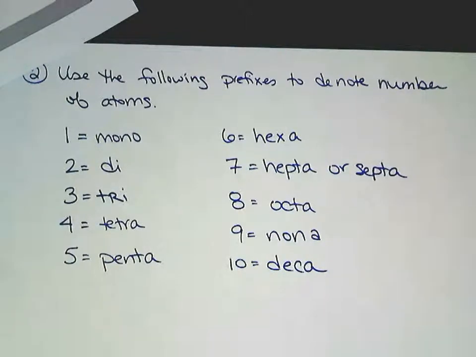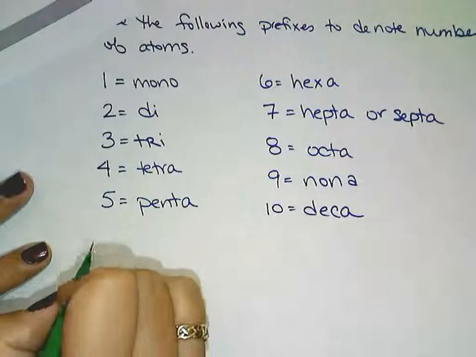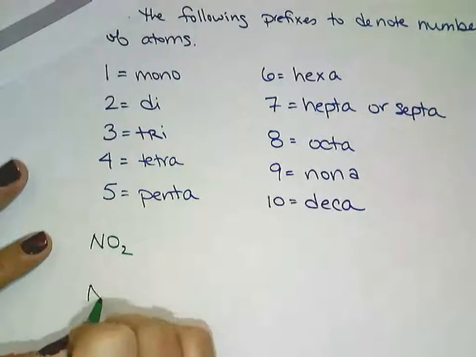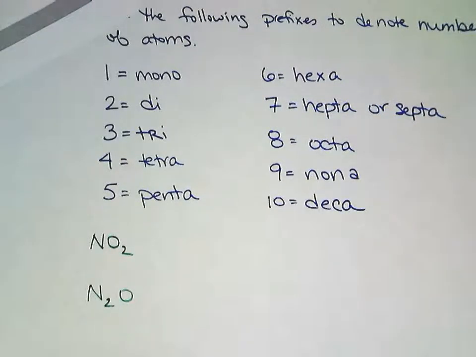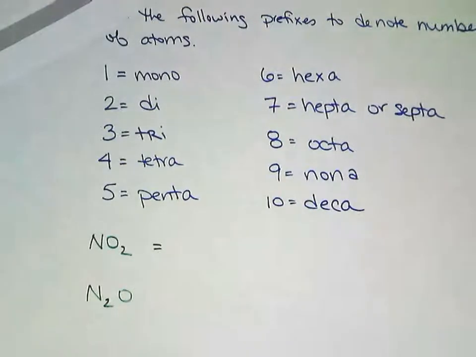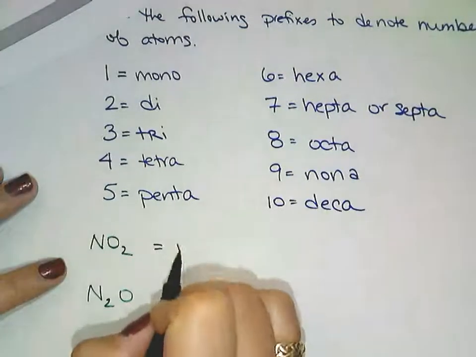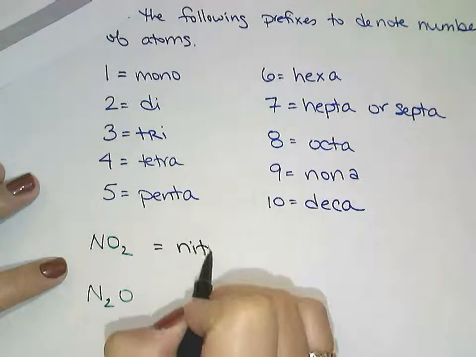All right, so if, for example, we had this guy, what should I call NO2 then using our prefixes and rules? Yeah, you can call it mono or you can just leave it off. That would be fine too.